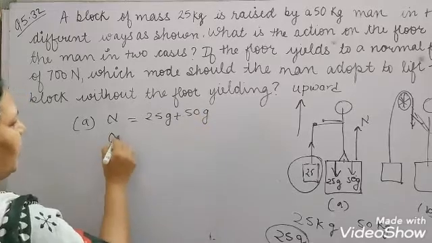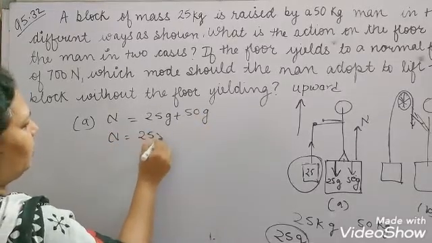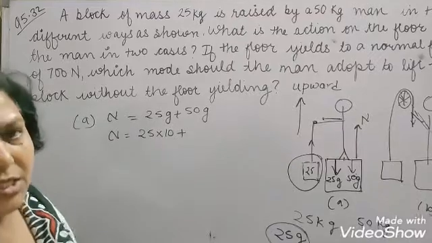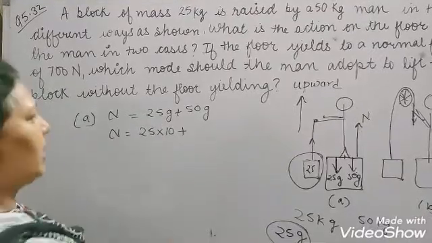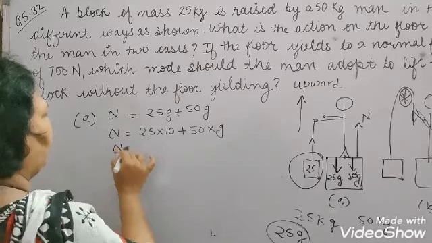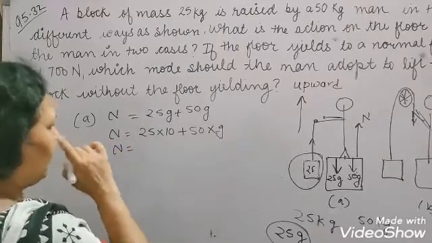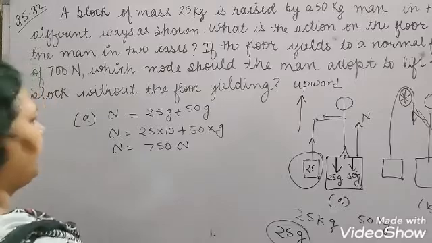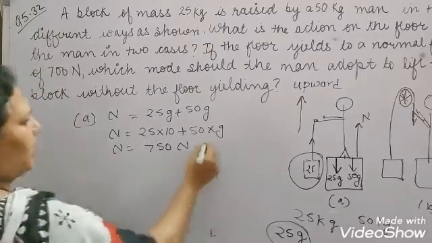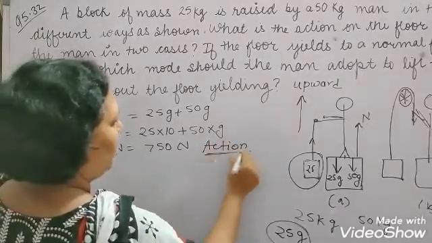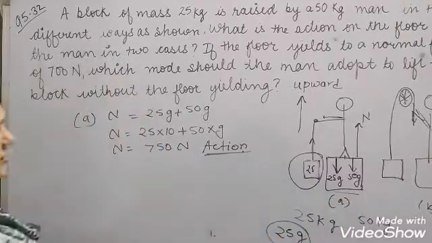Putting g as 10 meter per second square, N is equal to 25 into 10 plus 50 into 10, that is 750 Newton. So this will be the action of the man on the floor in the first case.